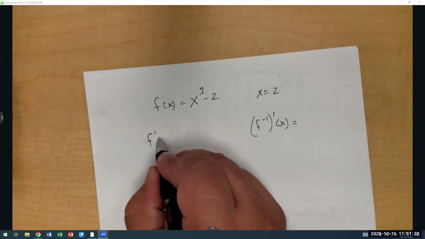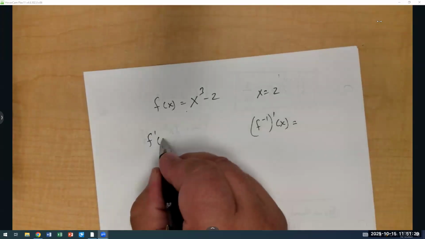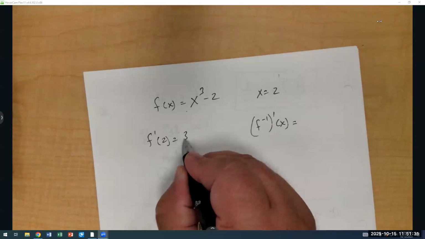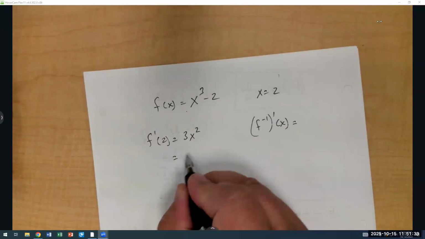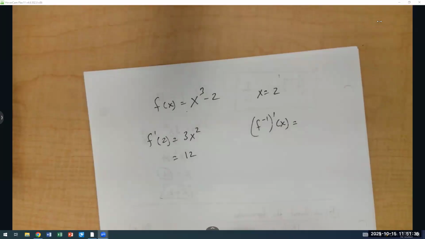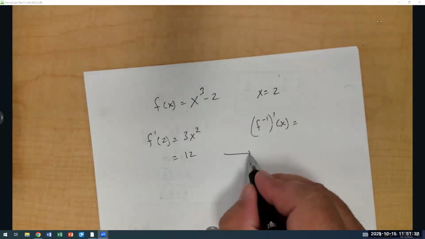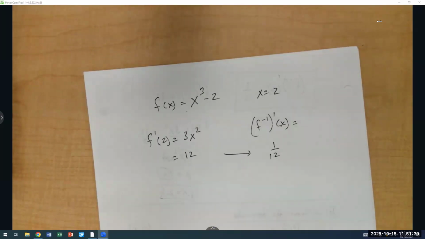Just find the slope of this equation when x equals 2, and then flip it. So theoretically, I'd say no, either way you want to do could work. Good question.